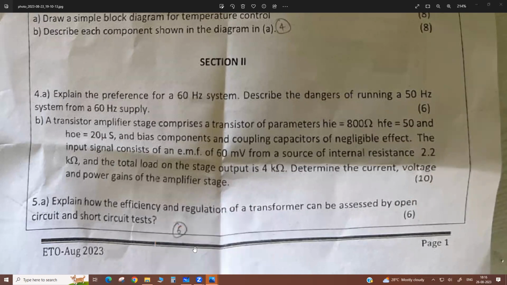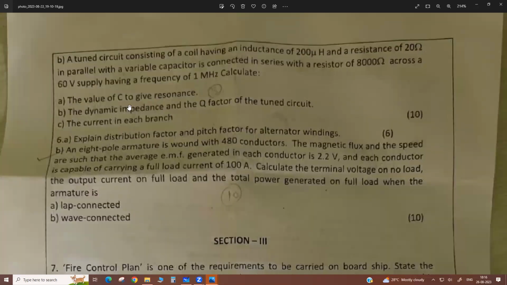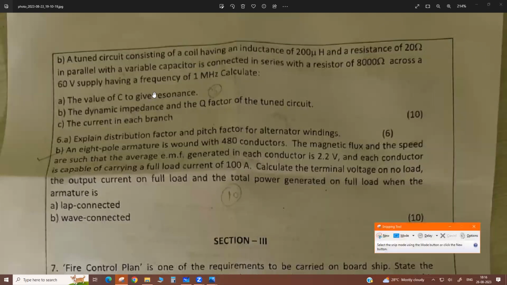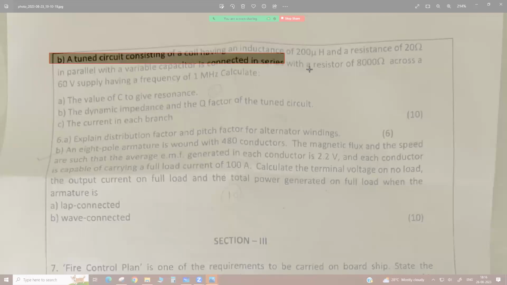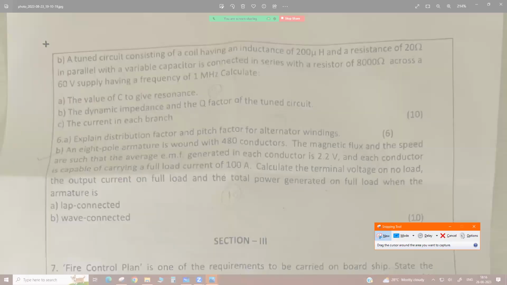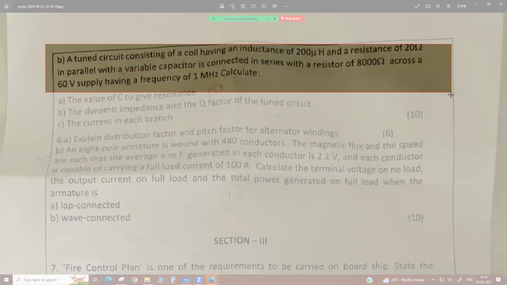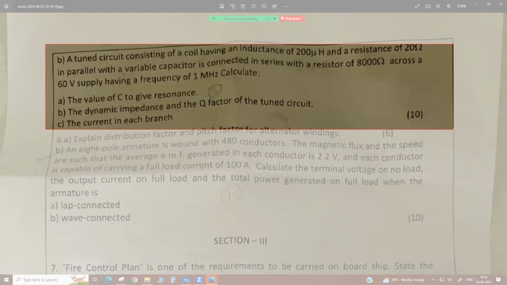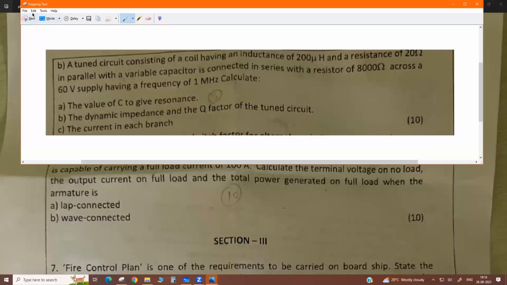Now we come to the second, this one. Last question.